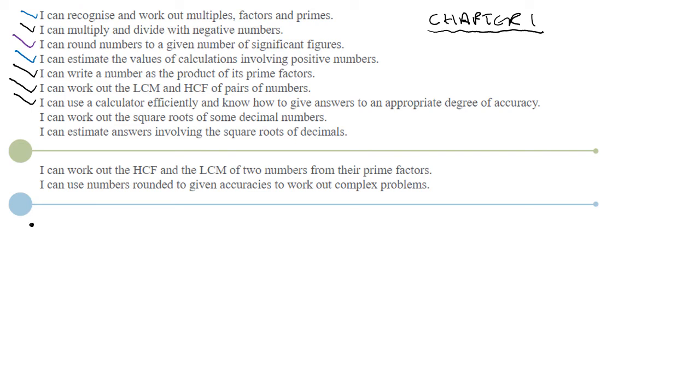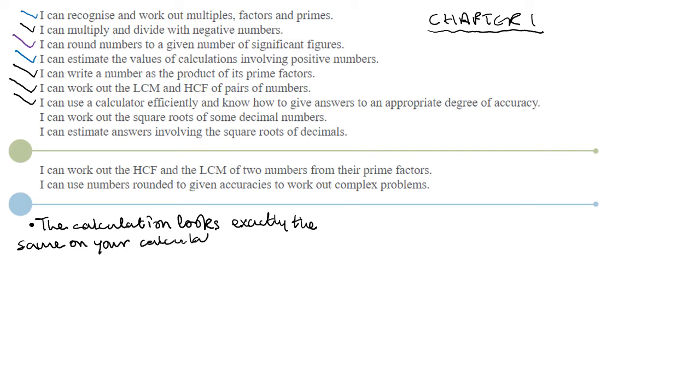The first thing you need to make sure is that the calculation looks exactly the same on your calculator as it does in the question. Make sure that they look exactly the same.